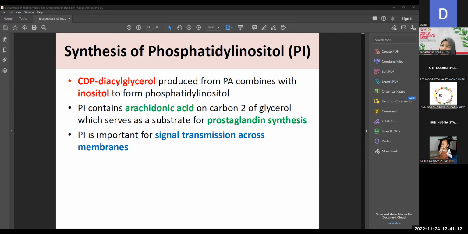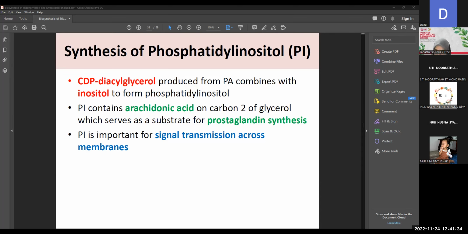Arachidonic acid also acts as a precursor for cholesterol biosynthesis. Next class nanti kita kena discuss on cholesterol biosynthesis, so kita akan jumpa balik this arachidonic acid.